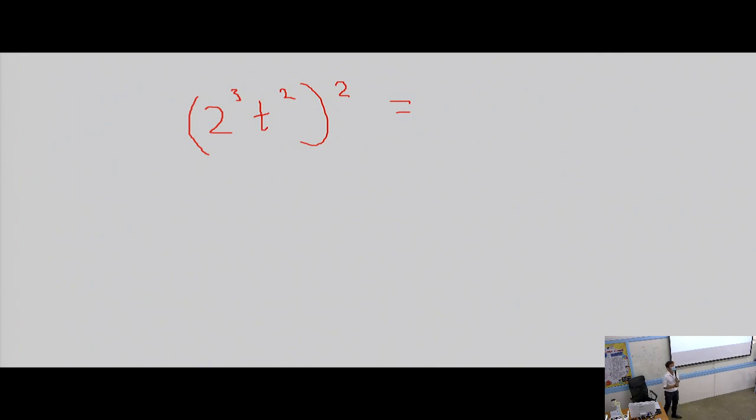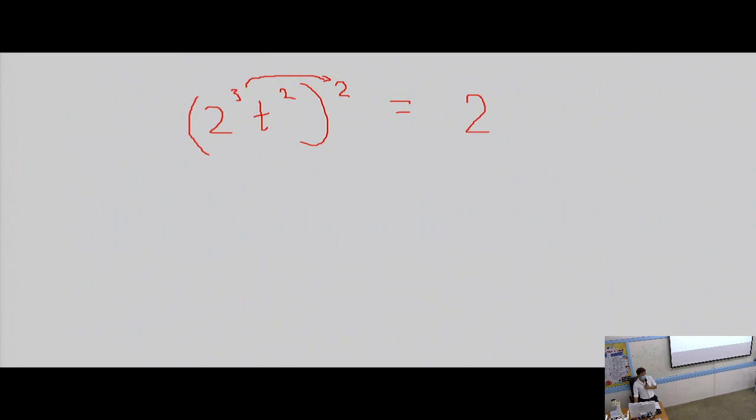What's the answer? Again, distribute the power.